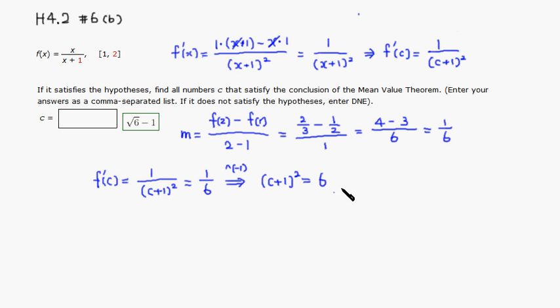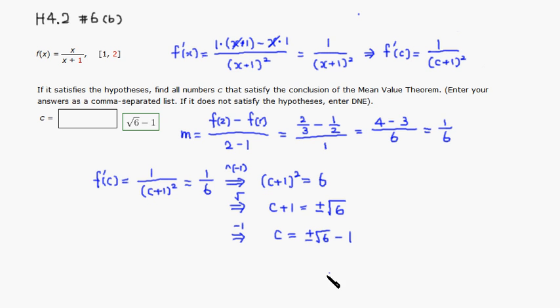Then we solve for c. First, take the reciprocal of both sides, so we get the quantity c plus 1 squared equals 6. Then take the square root of both sides: c plus 1 equals plus or minus the square root of 6. Don't forget the plus or minus when you take the square root of both sides of an equation. Then subtract 1 from both sides to isolate c. So c is plus or minus the square root of 6, minus 1.